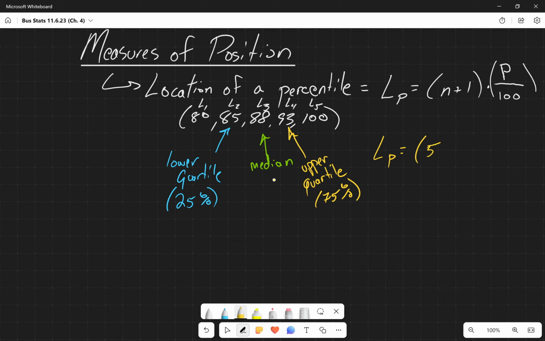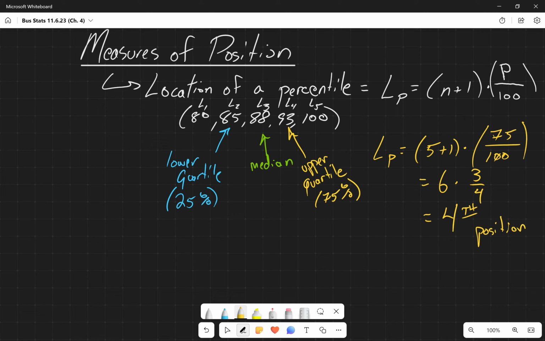So we do 5 plus 1. And then we multiply that by, if I asked you for the 75th percentile, we would take 75 and divide it by 100. This would give us 6 times 3/4. 6 times 3/4 is going to just say 4, right? So this is our 4th position. 1, 2, 3, 4.